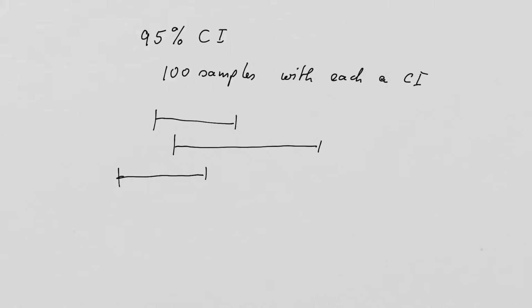I don't draw 100 samples, but with this method, we would get 100 intervals, and 95 of these would have the true population mean within their range.